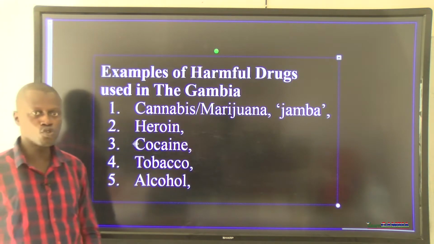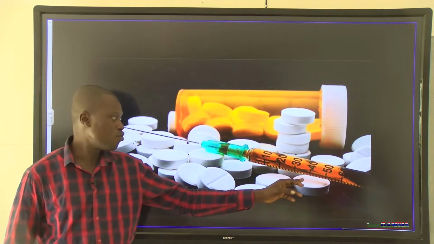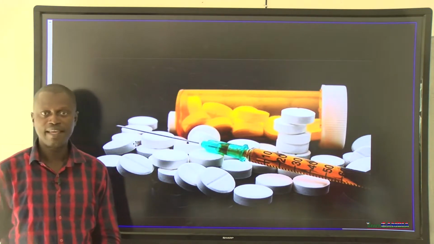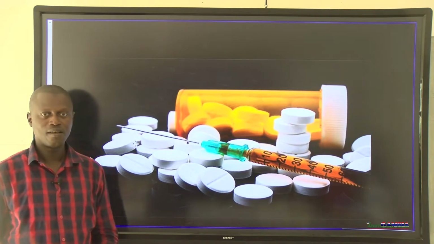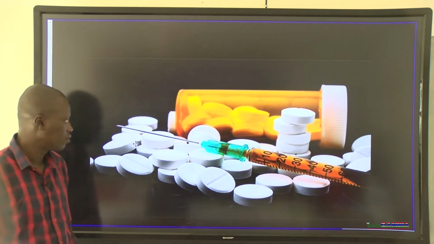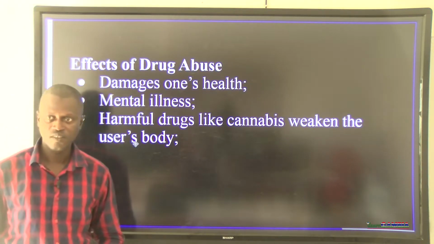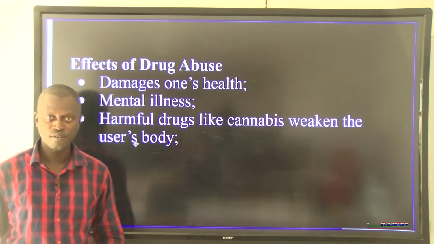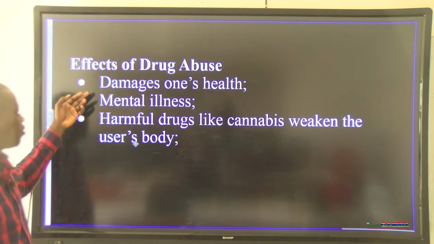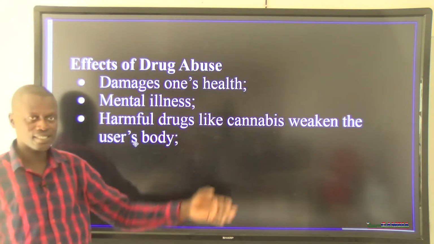When it comes to the use of those harmful substances, people use the syringe and the needle to inject these harmful substances into their veins, resulting to abnormalities. Now, what are some of these effects? The moment a drug is abused by the user, the end result is that it damages one's health.